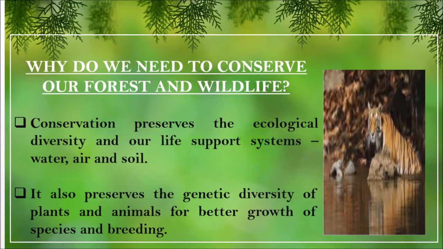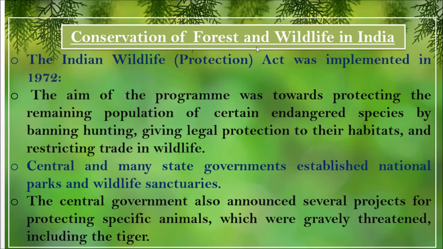So the next one is conservation of forest and wildlife in India. The Indian Wildlife Protection Act was implemented in 1972. The aim of the program was to protect the remaining population of certain endangered species by banning hunting, giving legal protection to their habitats and restricting trade in wildlife.